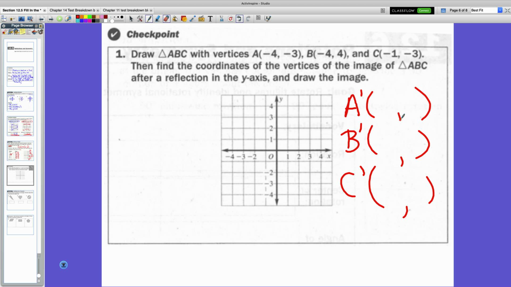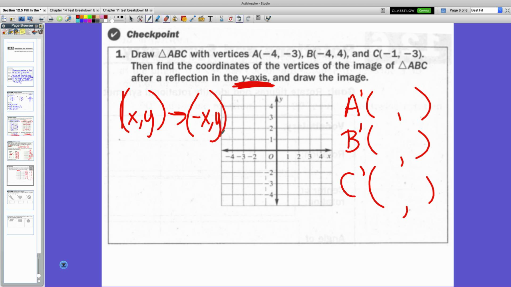All right, so if I am reflecting over the y-axis, then my x value is what changes. I'm sorry, I got the wrong class in my brain all of a sudden. So we have (x, y) goes to (negative x, y).